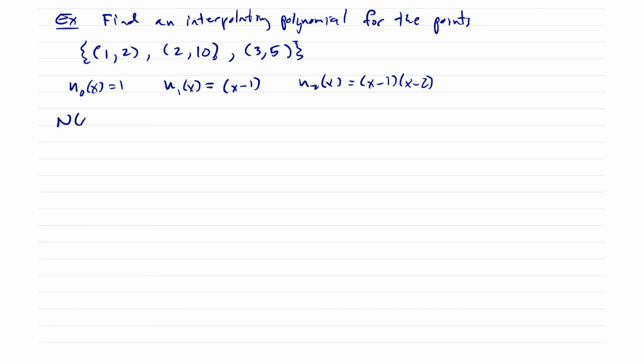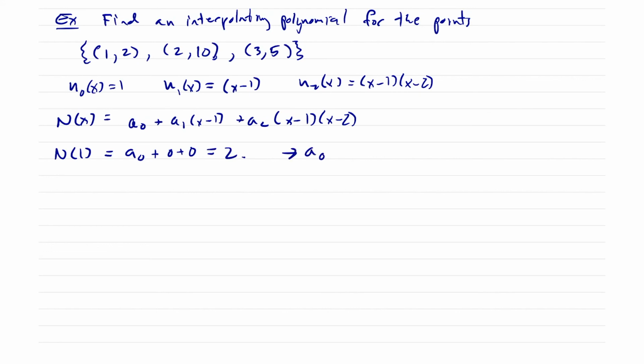So that tells us that N(x) should be equal to a0 times N0, which is just 1, plus a1 times x minus 1, plus a2 times x minus 1 times x minus 2. All right, now N(1) is going to be a0 plus 0 plus 0, and this should be equal to 2.